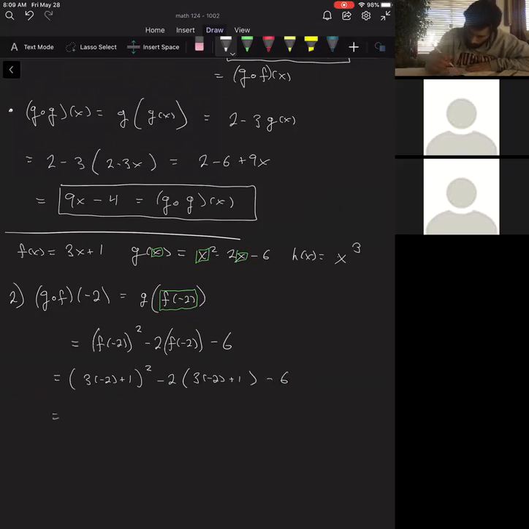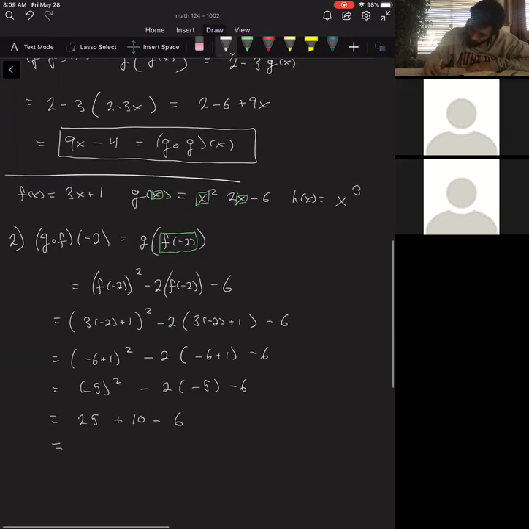This is going to equal minus 6 plus 1 squared, minus 6 plus 1, so we got minus 5 squared, minus 2 times minus 5, minus 6. Minus 5 squared is 25. Minus 2 times minus 5 is 10. So 35 minus 6, which is 29.